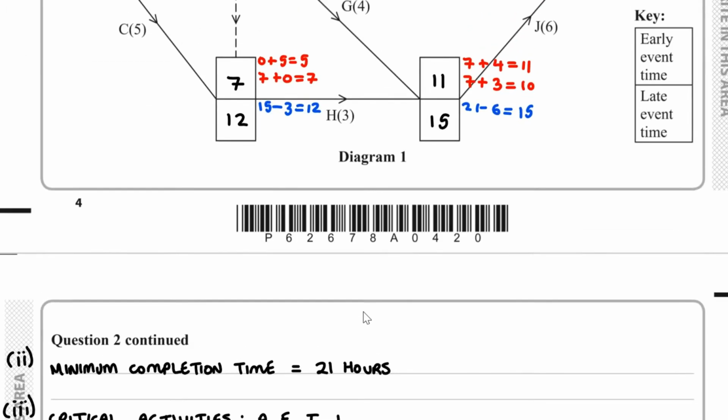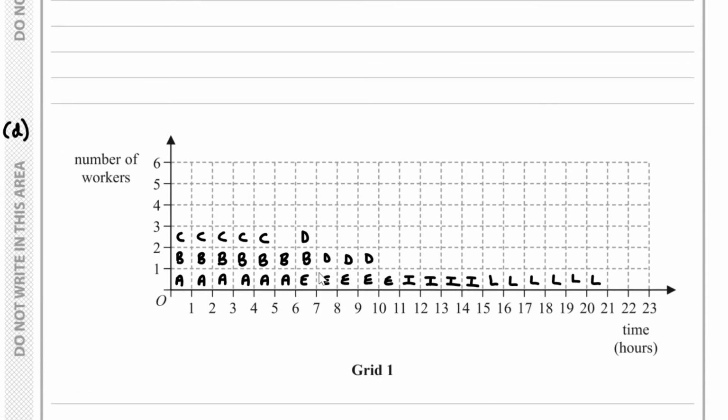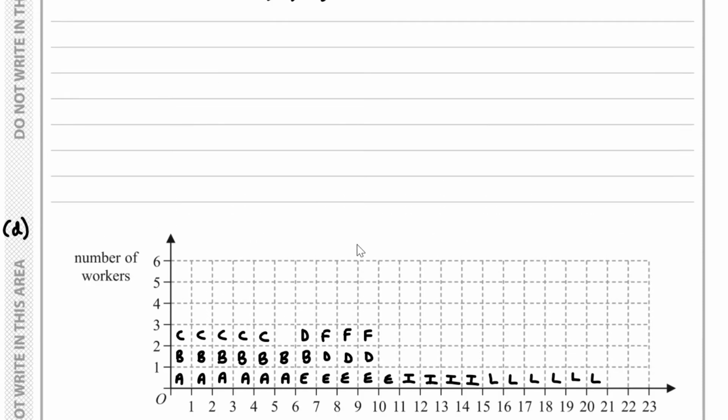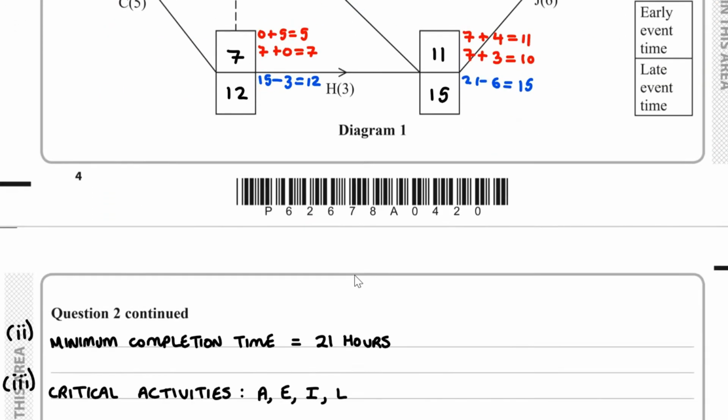E has been completed, so now let's take a look at F, which starts at 7 and has duration 3. So if we go back, F starts at 7 and has duration 3. Let's take a look at G, starts at 7, has duration 4.